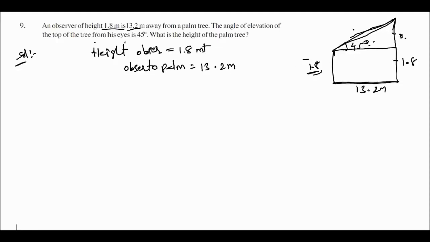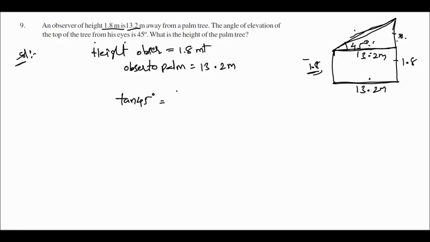Tan 45 is equal to, we have to do this much. This is also the same, 13.2 meters only. So we have to find this one, x.